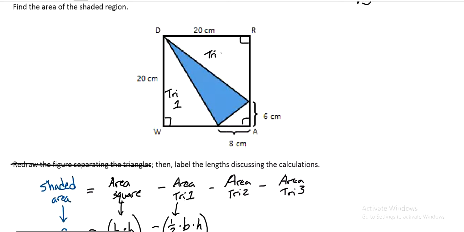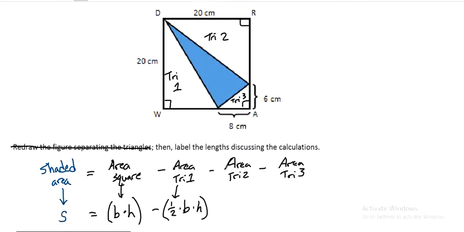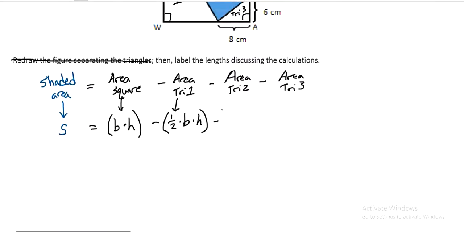This will be triangle 2. And this right here will be triangle 3. The formula of a triangle stays the same for each of them: 1/2 times base times height, and 1/2 times base times height.